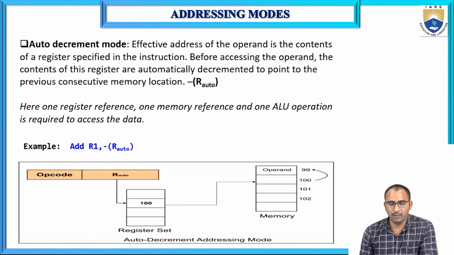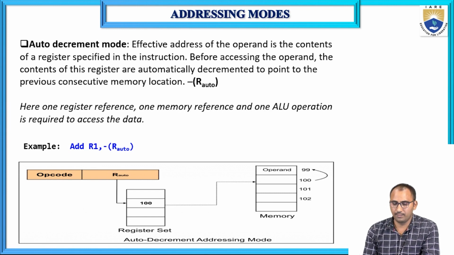Similarly, auto decrement mode. The effective address of the operand is the contents of the register specified in the instruction. That means the register specified in the address field contains the effective address of the operand. Here in this scenario, 100 is the effective address, so it will point to the 100 location.